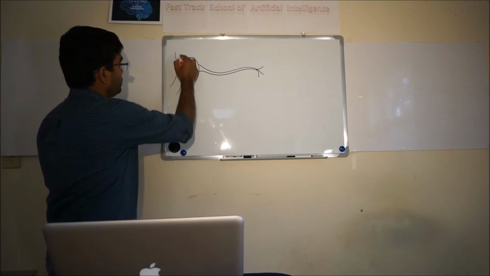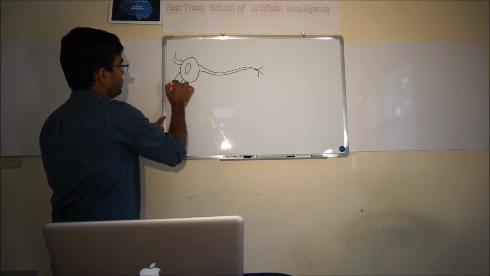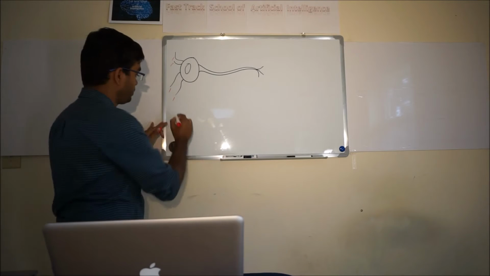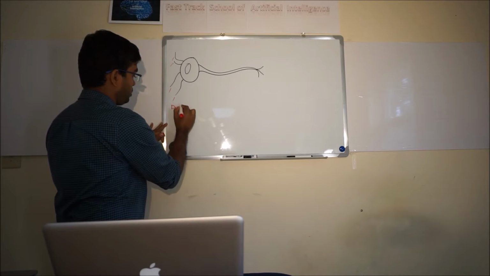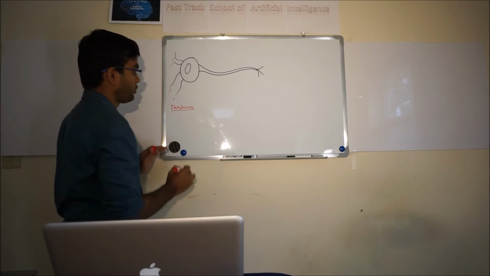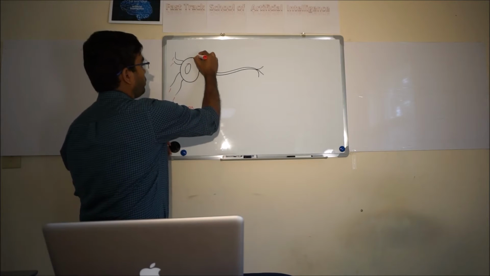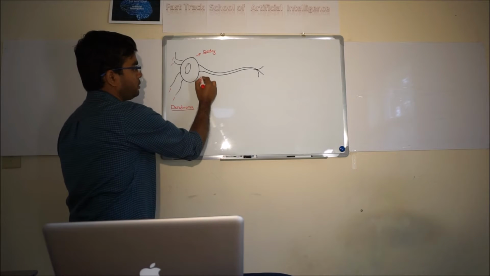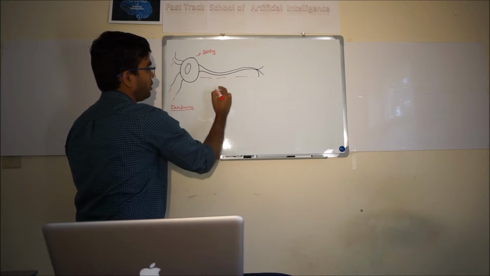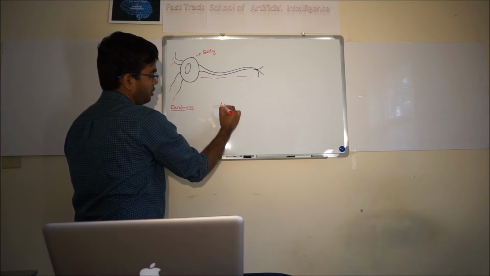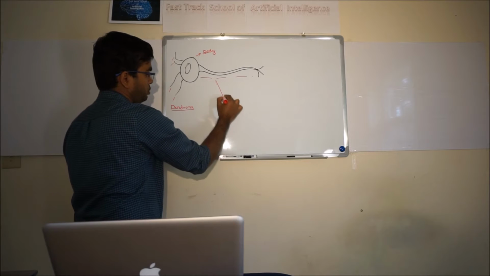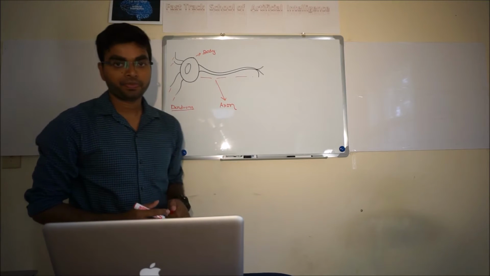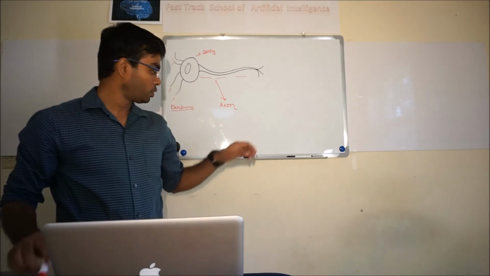This particular section, these are called dendrites. Together they are called dendrons. This is the body of the neuron, and this is called axon. So how does it work?